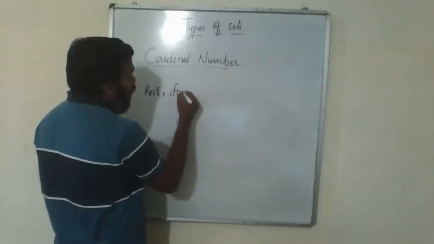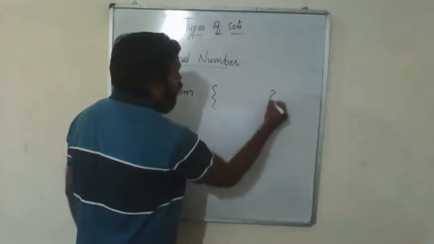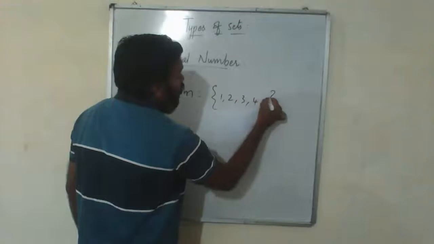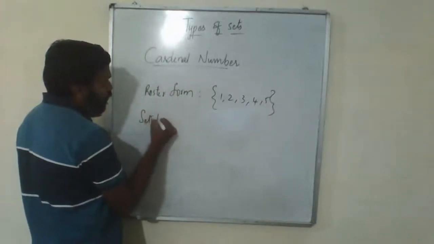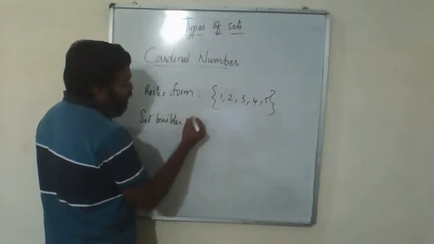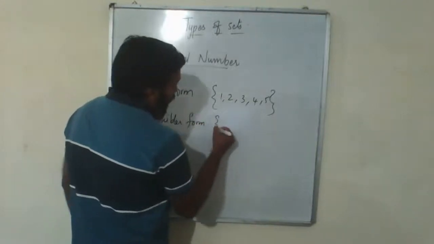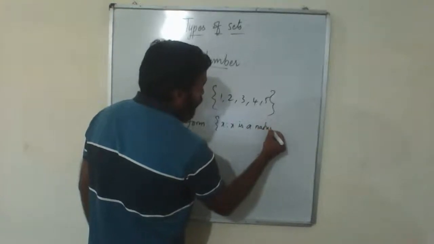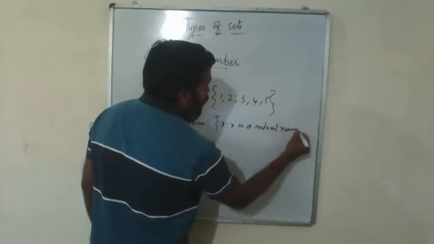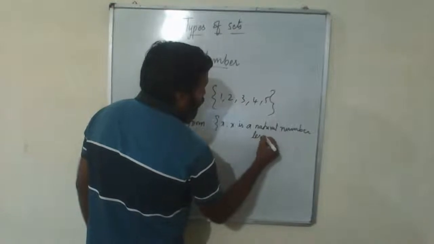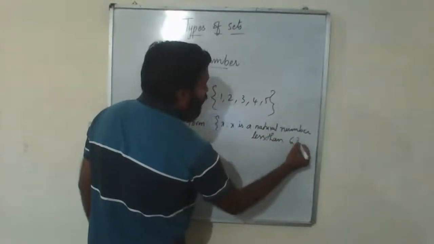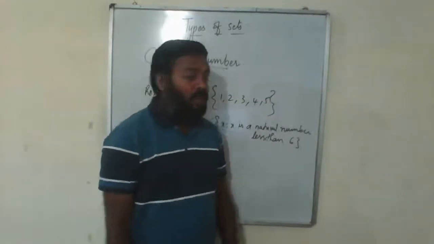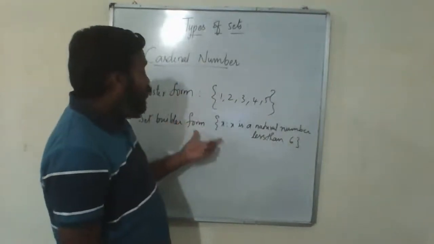In roster form, we write every element of the set: 1, 2, 3, 4, 5. In set builder form, we write the definition: x such that x is a natural number less than 6. That means we consider natural numbers less than 6, that is 1, 2, 3, 4, 5. So these are the representations of a set.